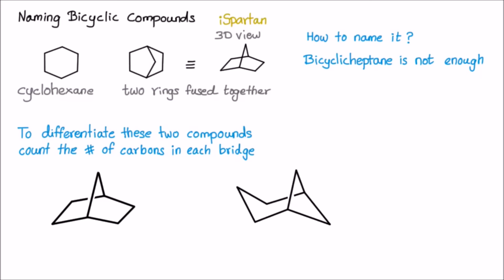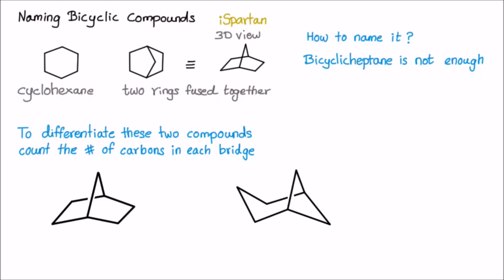I just said we have 7 carbon atoms in each of these structures, so bicyclic heptane is not enough. We need to give some numbers to this name to differentiate these 2 structures.